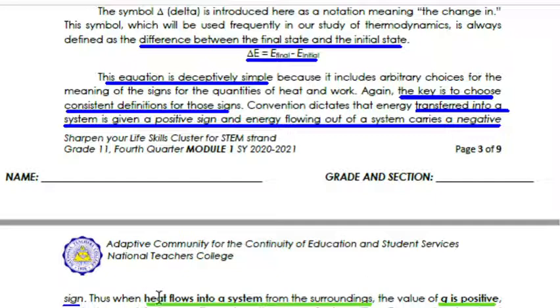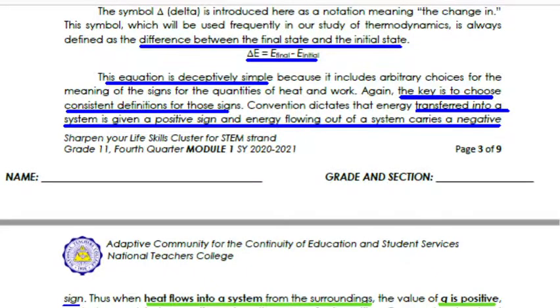Thus, when heat flows into a system from the surroundings, Q is positive. And when work is done on the system, the value of W is also positive. Then, heat that flows out of the system or work done by the system, they are now negative.